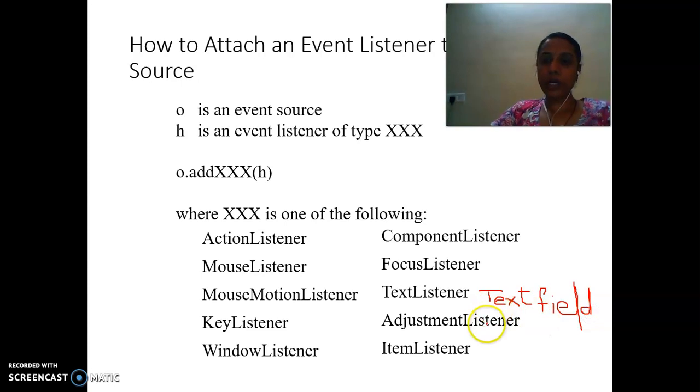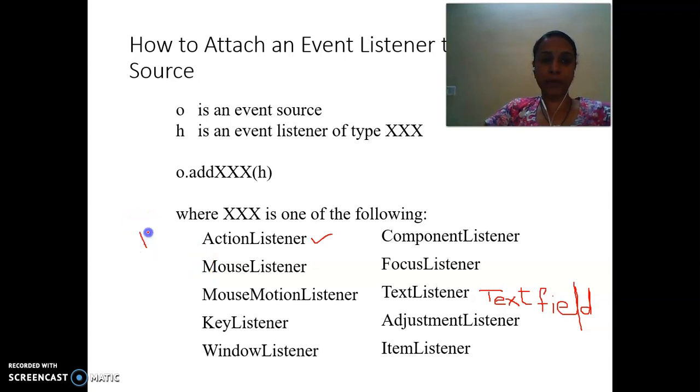Then the radio buttons, combo boxes, and check boxes will have item listeners. Then there are focus listeners and action listeners. Action listeners are for all your buttons.